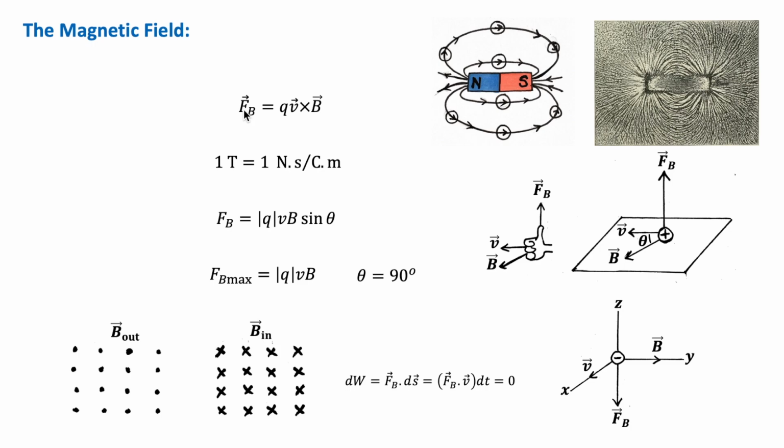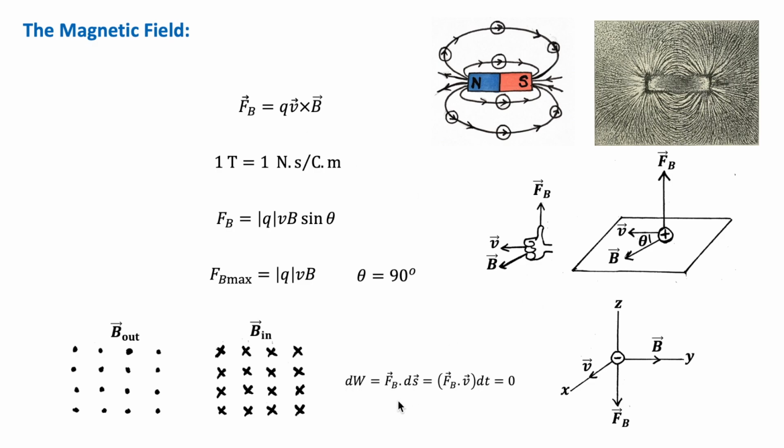Also, another difference is that the electric force does work on the charged particle as it is displaced. So, when the electric force acts on a charged particle, the particle will gain kinetic energy because the electric force is doing work on it, right? But the magnetic force does no work as the particle is displaced.